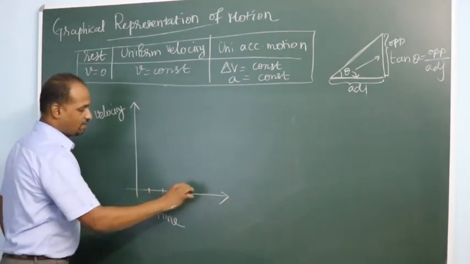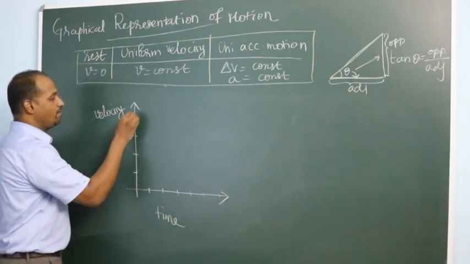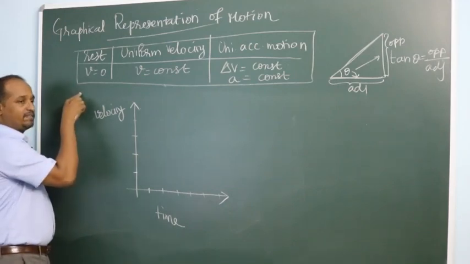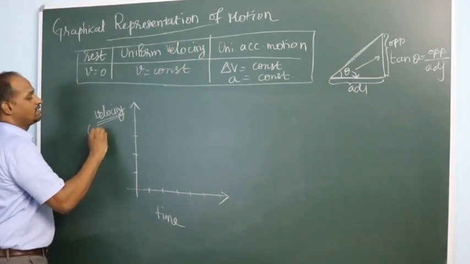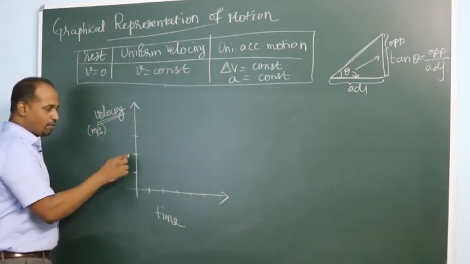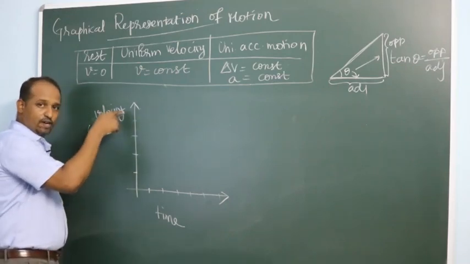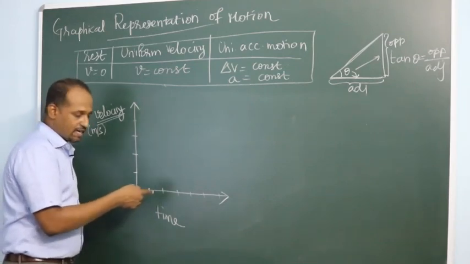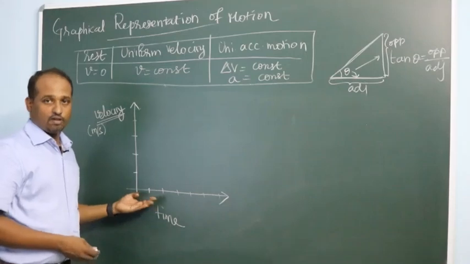The time is in seconds and the velocity will be in meters per second, because velocity is displacement by time, displacement is meter, time is second, so the velocity is meter per second. In the SI system, the readings will be in meters per second, otherwise it can be in kilometers per hour, or in miles per hour. Time can be in seconds, or in hours, or in minutes also.